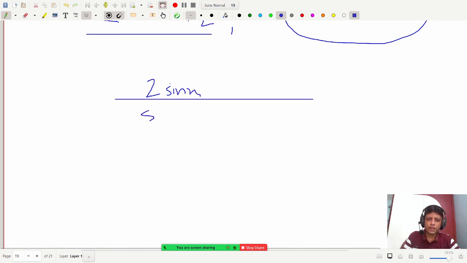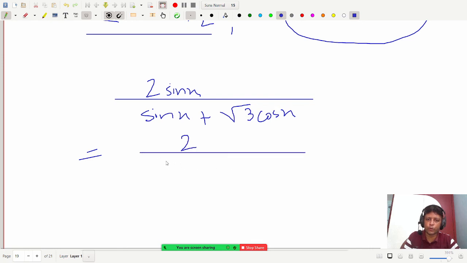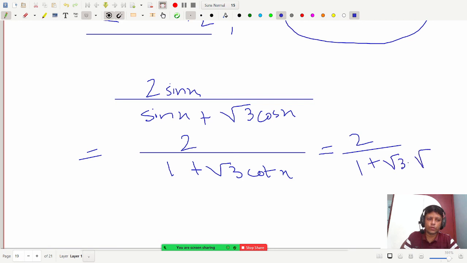If you divide by sin x in the numerator and denominator, it will be 2 by 1 plus root 3 cot x. So cot x will be root 3. So 2 by 1 plus root 3 into root 3, that will be 2 by 4, and the answer will be half. That's the answer.